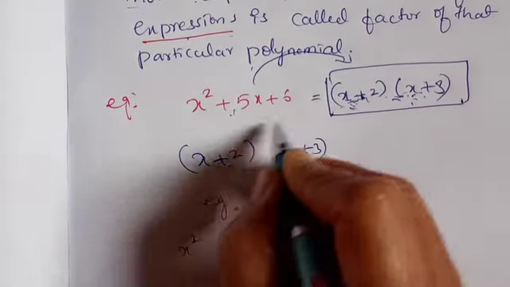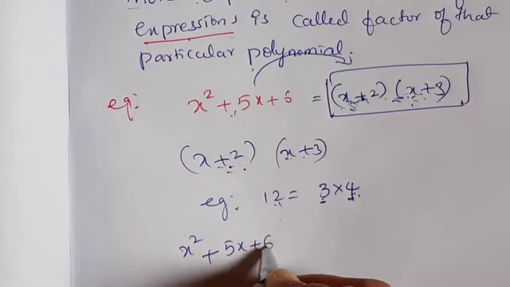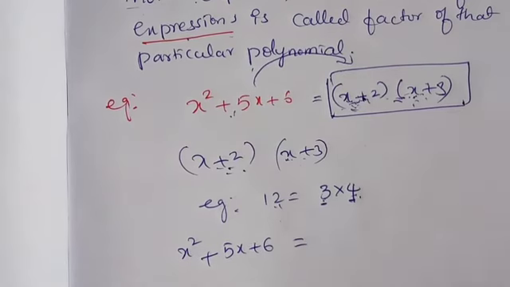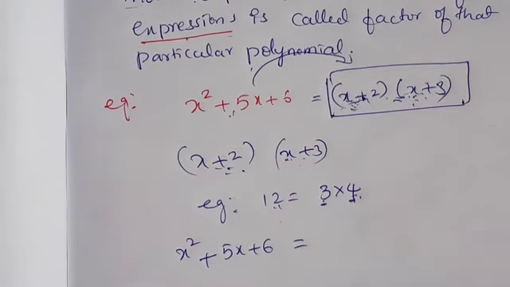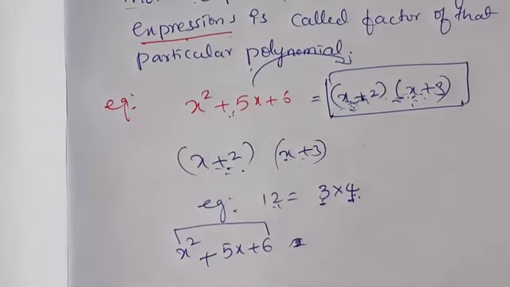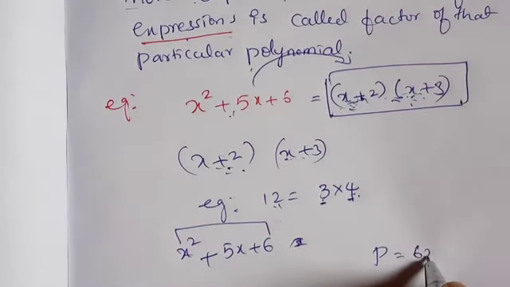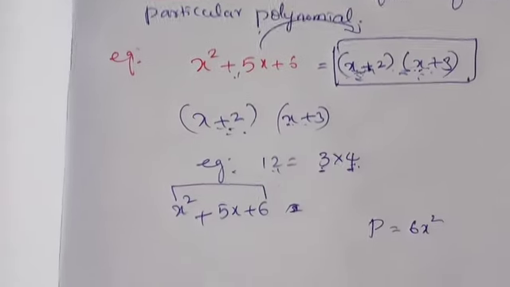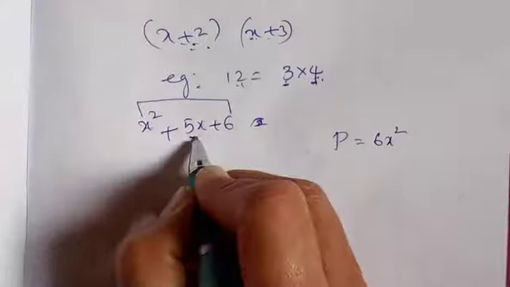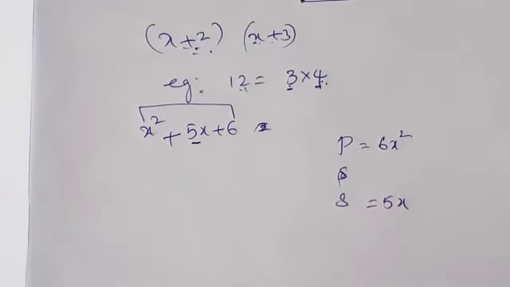How do you get this? x square plus 5x plus 6. Yes, we will factorize this one. Factorizing in the sense, see, product means first and last, 6x square. Okay, sum, this sum is equal to 5x.